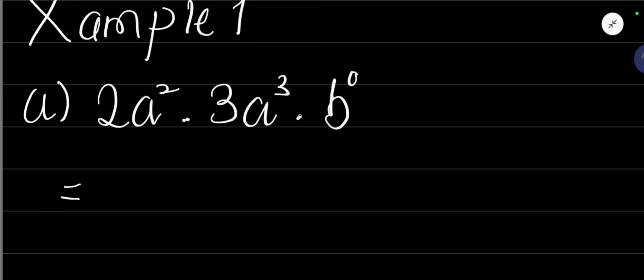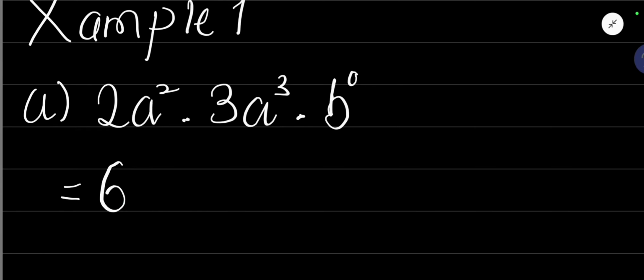What's happening here? These dots, remember, mean multiplication. The first thing I'm going to do is multiply the numbers: 2 times 3 times 1. We assume that there's a 1 here. 2 times 3 times 1 is 6. This one is for the numbers.